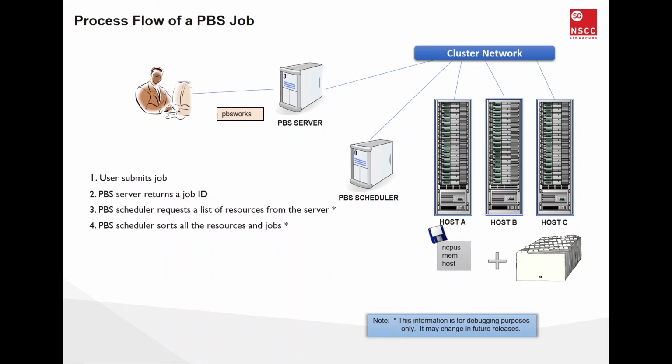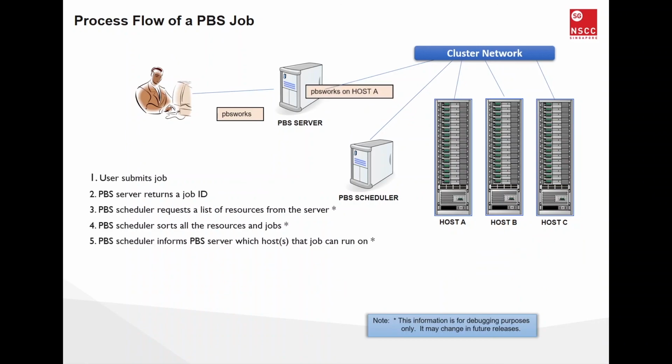For example, if the job is requesting 12 CPUs and 48 GB of memory, the scheduler finds available nodes which match 12 CPUs and 48 GB of memory and reports it to the PBS server. Now the PBS server sends the job to the server where the node is allocated to the job.